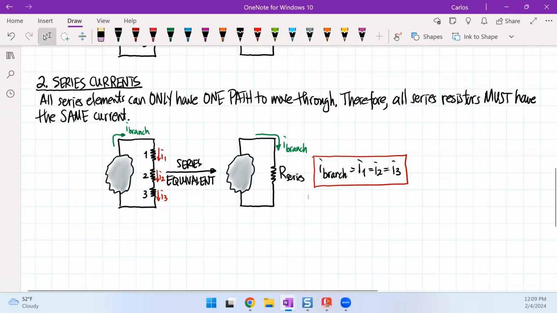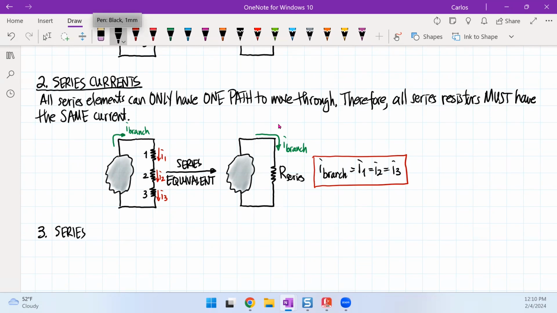So the next thing that we want to talk about is we need to talk about voltages. So now we're at 3. We're going to talk about series voltages.